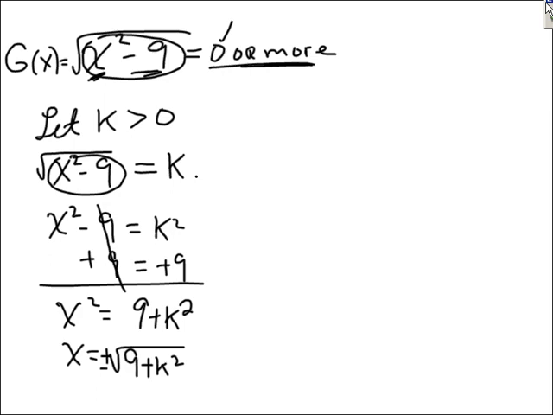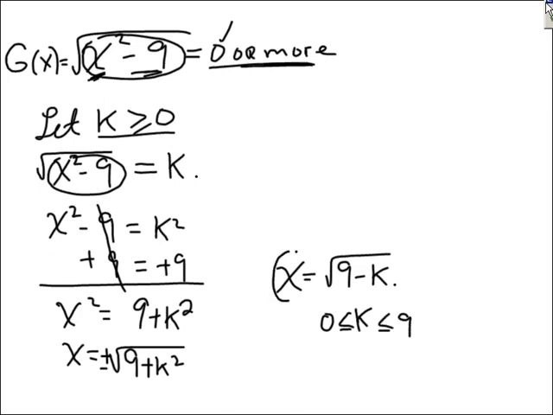Now, let's just talk for a moment. Suppose we got x equal to the square root of 9 minus k. Well, remember, k is 0 or more. Well then, k can then only be between 0 and 9.